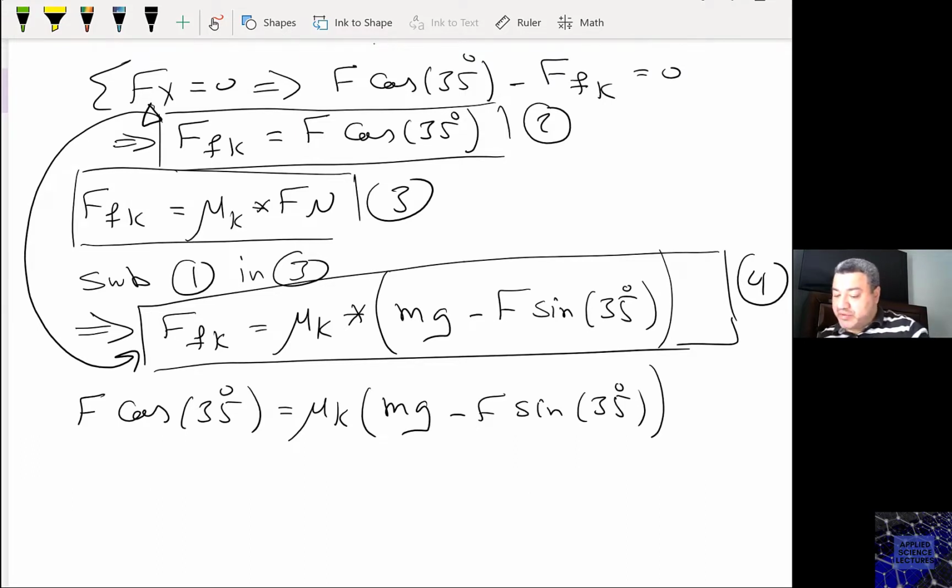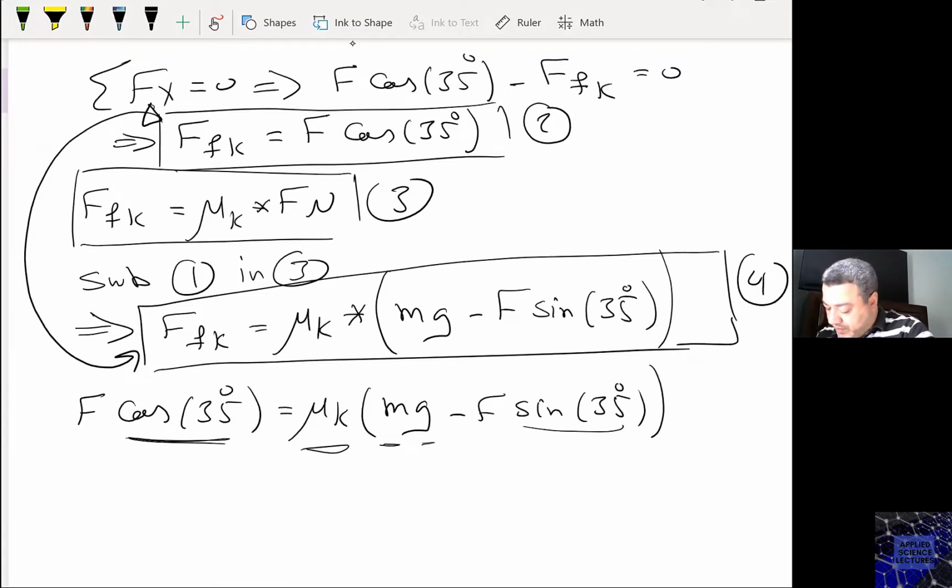Now, if I substitute cosine 35 and sine 35, I end up with one equation, one unknown.